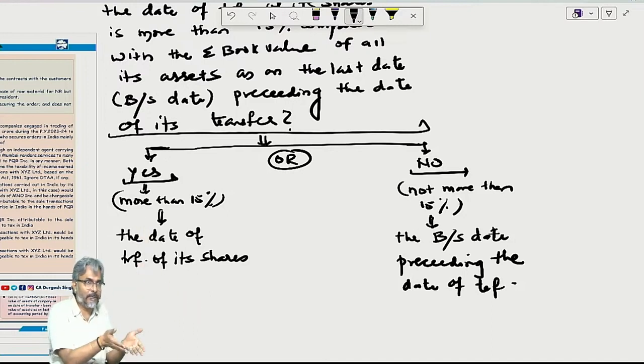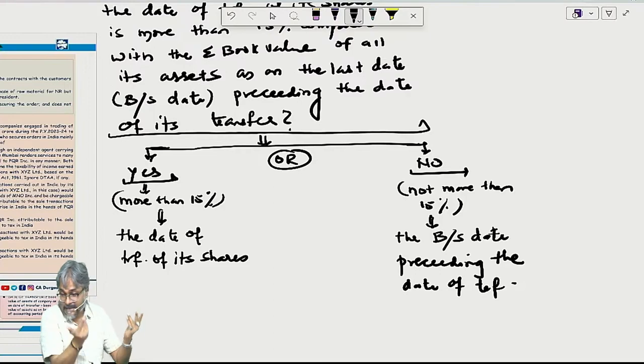There has to be some date on which we have to decide whether ZPLC, the Singapore company, derives substantial value from India on that date. We cannot keep testing this condition for 365 days. It has to be some date. Which date? That is decided by this first.